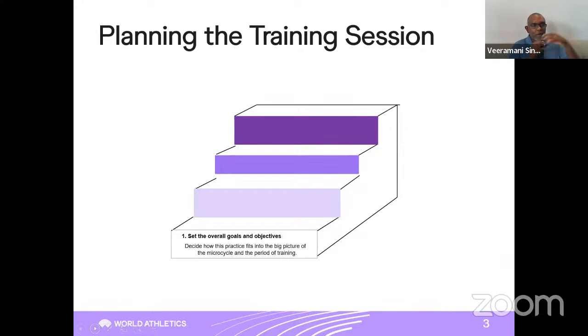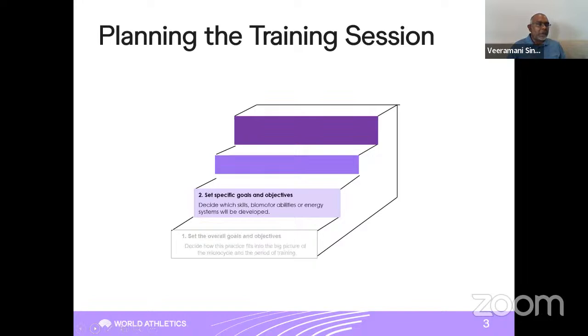Sessions in combination will create a microcycle, and microcycles in combination create a mesocycle. Every mesocycle will have a goal to achieve, either to develop strength, to develop speed strength, or to develop speed. So when we have such a focus, each of them has to have a particular goal that we want to achieve before we set out to plan the details of it.